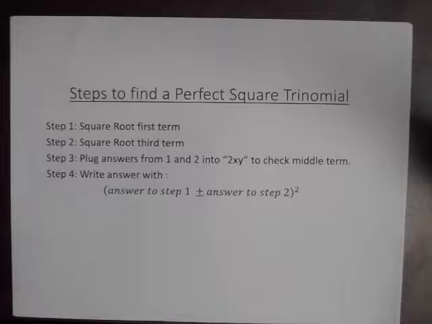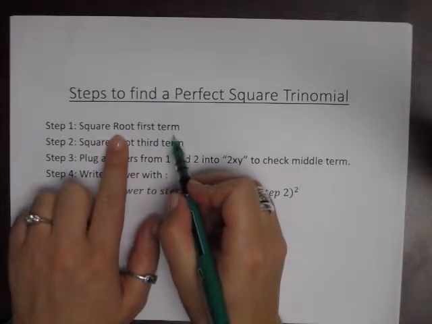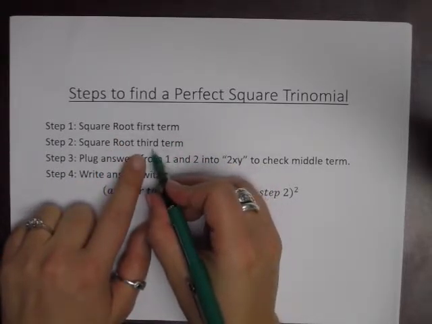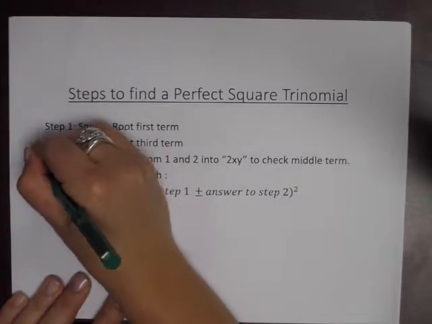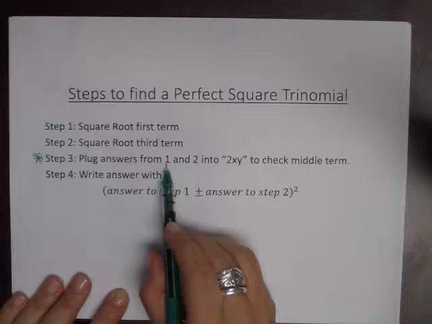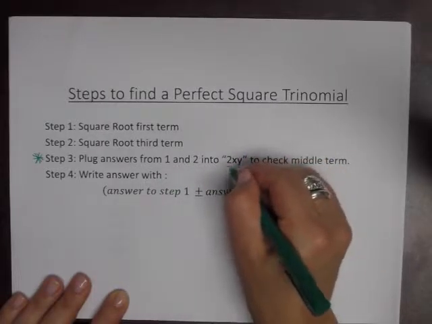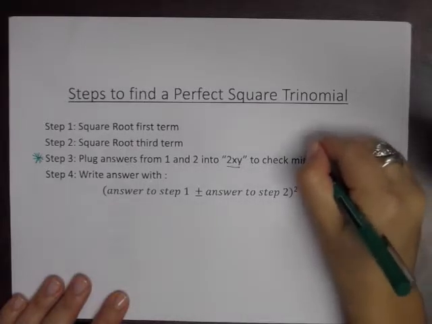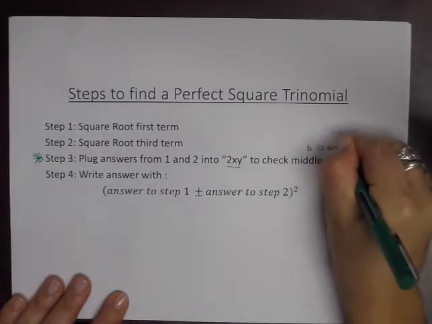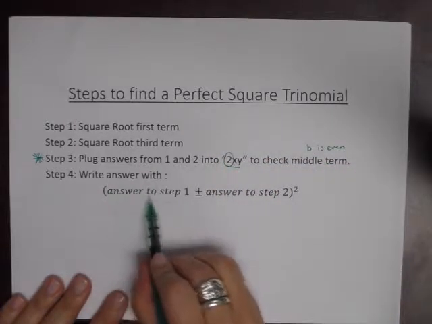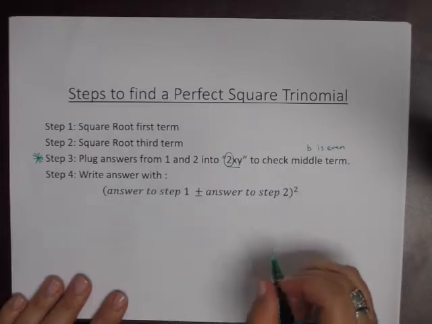So your steps to find the perfect square trinomial: the first thing you want to do is take the square root of the first term. The second thing you do is take the square root of the third term. The third step is the most important step. Make sure that you show it. Plug your answers from 1 and 2 into 2 times x times y to check the middle term, because my middle term, or my b, is even, so we always have to multiply by 2. Then you write the answer to step 1 plus or minus the answer to step 2.